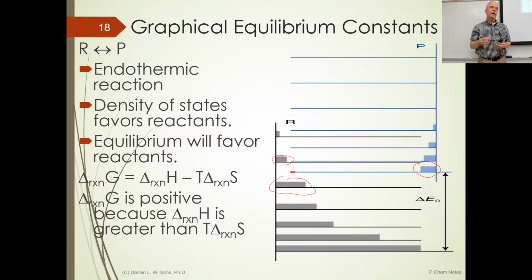Okay, and so you can come up with the Boltzmann distribution and the Boltzmann factors for all of these energy levels, regardless of whether they're products or reactants. But now if you wanted to calculate the equilibrium constant, you would sum all of these and take products over reactants.